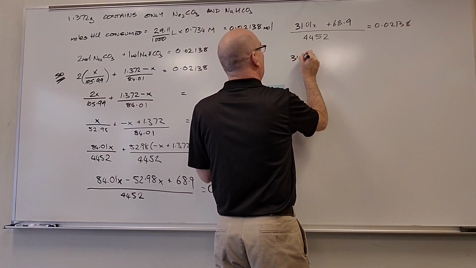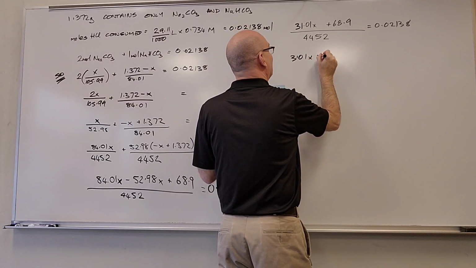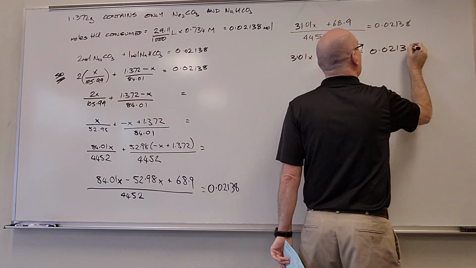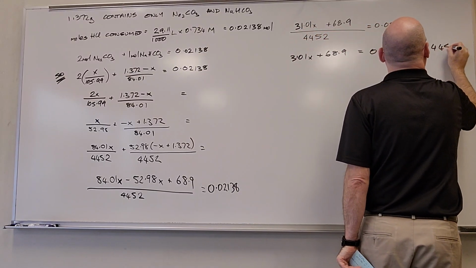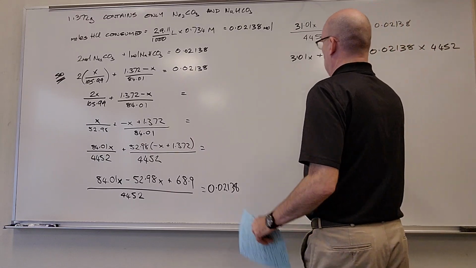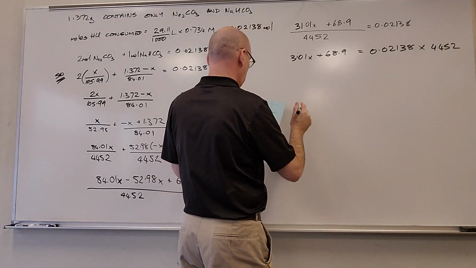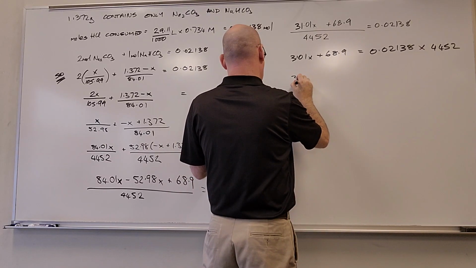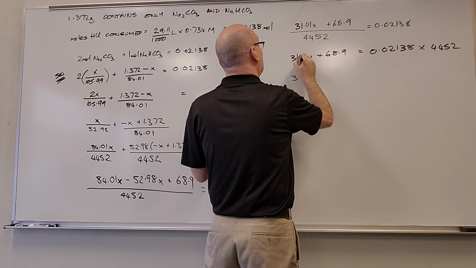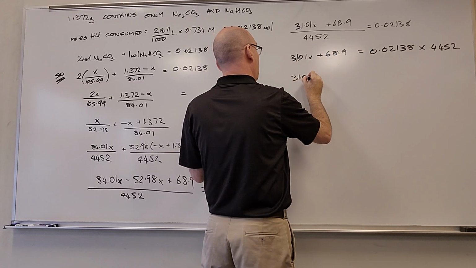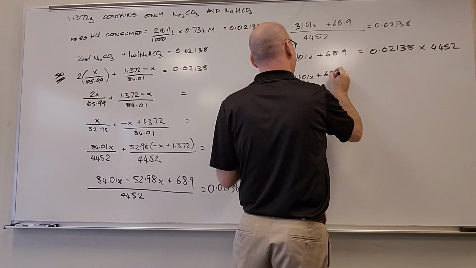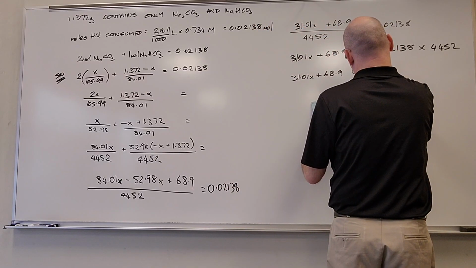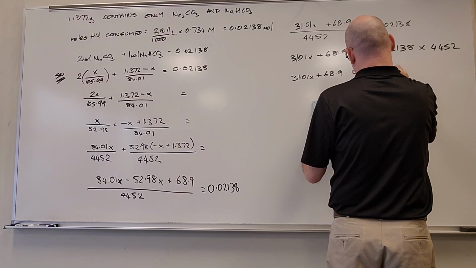So my 31.01x plus 68.9 is equal to 0.2138 multiplied by 4452. Oh, that's 31 point. So my 31.01x plus 68.9 equals, I have this as 93.49.